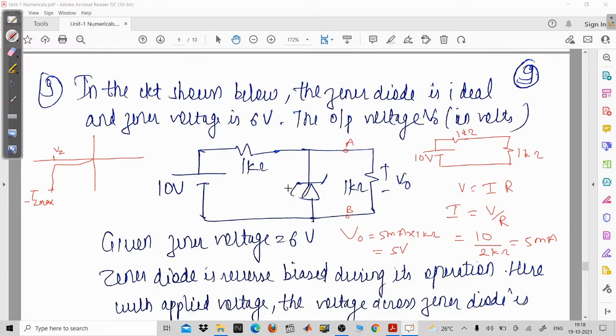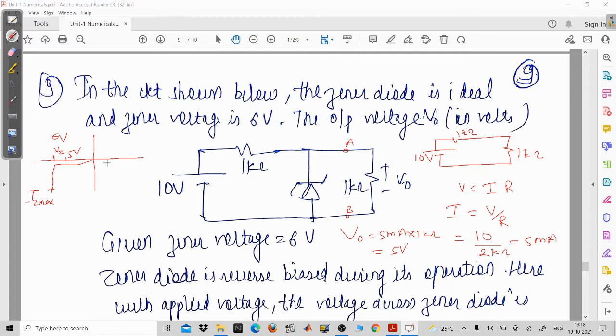So you see the Zener voltage is 6 volt, but the voltage across the Zener terminals will be 5 volt. If it is 5 volt, it means that the Zener breakdown has not reached. So this is all about this question.